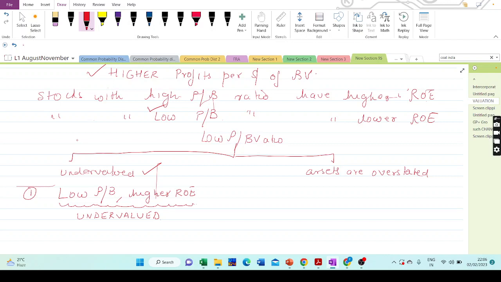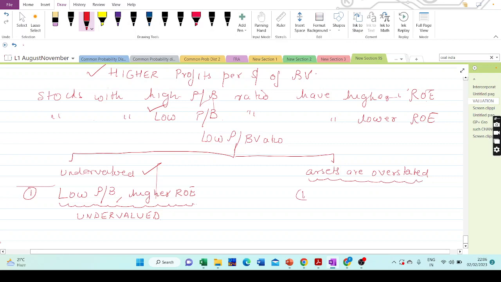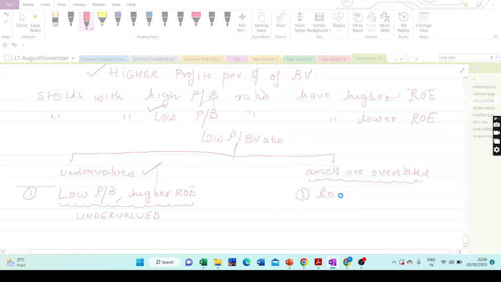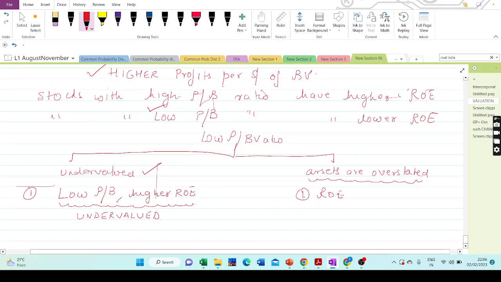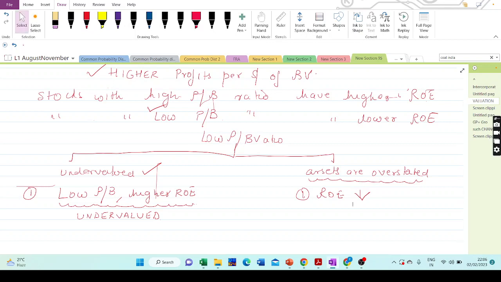Now look. A low PB ratio could also be because the ROE of the company is low. Guys, the stock can trade at a lower price to book value if the ROE is low. If the ROE is low and the stock is trading at a low price to book value, then the stock is not undervalued.